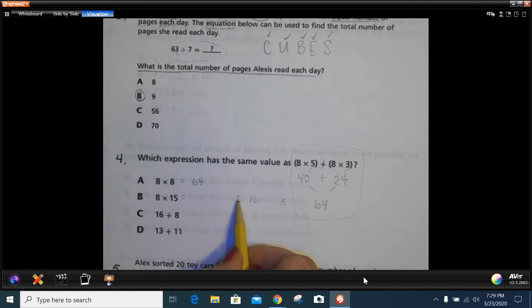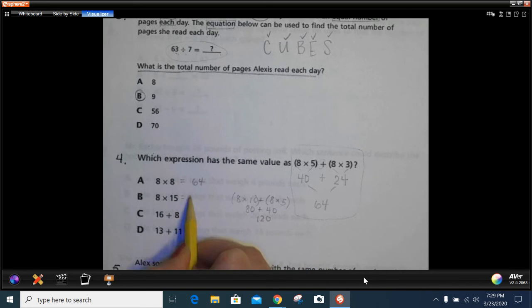So if we do 8 times 10 and we do 8 times 5, we can easily find out the answer. Okay, doesn't match up. Obviously this matches, but don't stop there. You want to be sure nothing else has snuck in. Okay, 16 plus 8, 24. 13 plus 11, 24. Okay, obviously A.